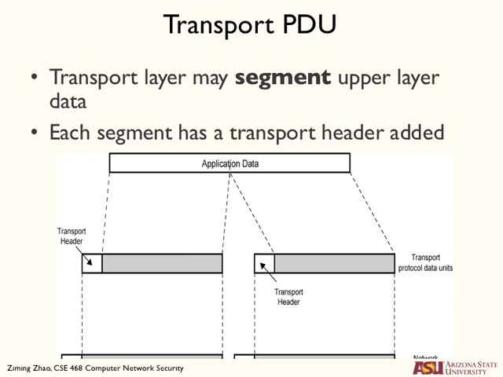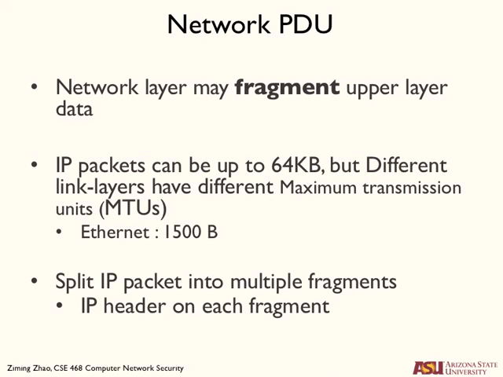And every time it is split, you need to add a new header, a TCP header. So this one is a TCP segment. This is another TCP segment. And the IP layer, the network layer, does the same thing, but for different reasons. The IP packets have to be carried using the data link frame anyway.